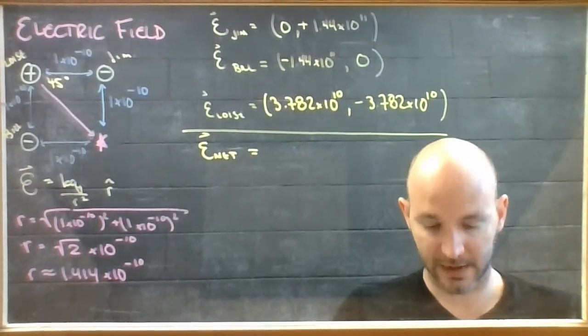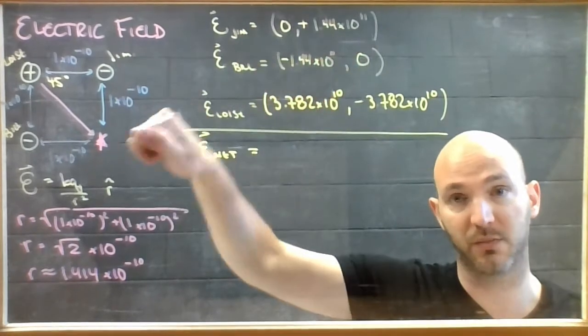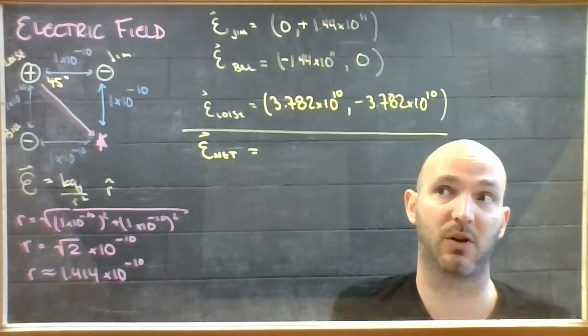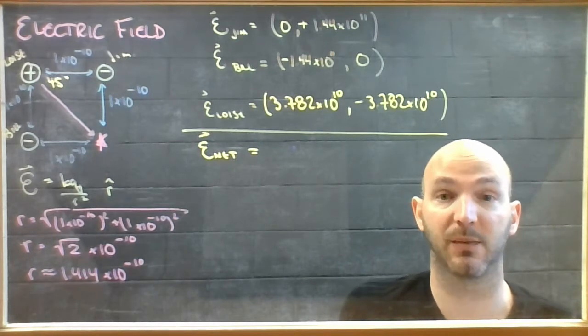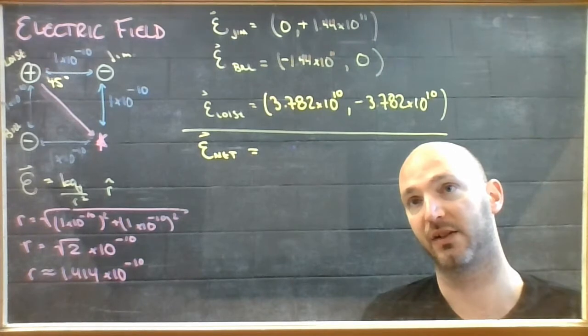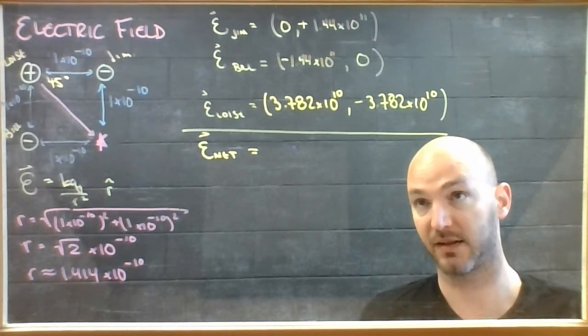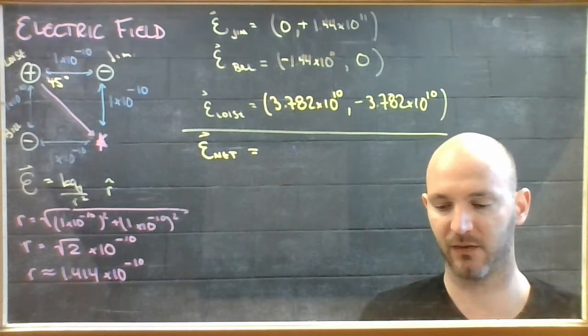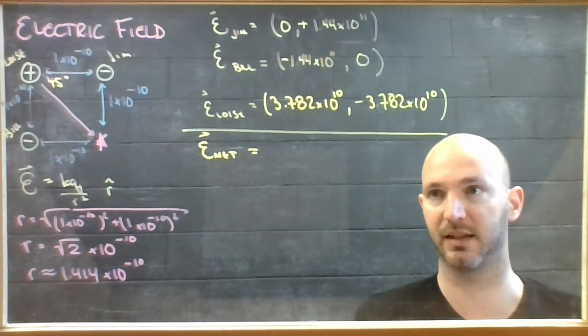So in order to get the net, I just need to take Jim's contributions and Bill's contributions and Lois's contributions and stack them all on top of each other, the same way as you did with gravity problems. So 3.782 times 10 to the 10 subtract 1.44 times 10 to the 11 gives me negative 1.061 times 10 to the 11.